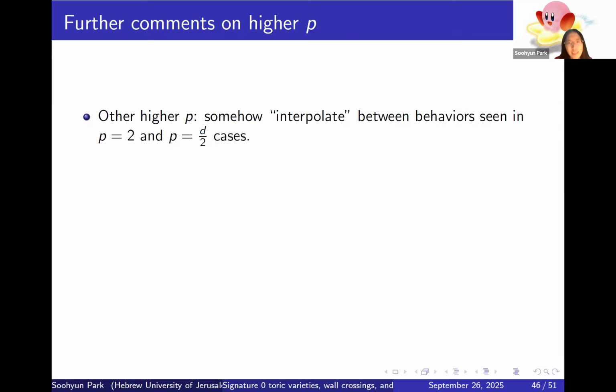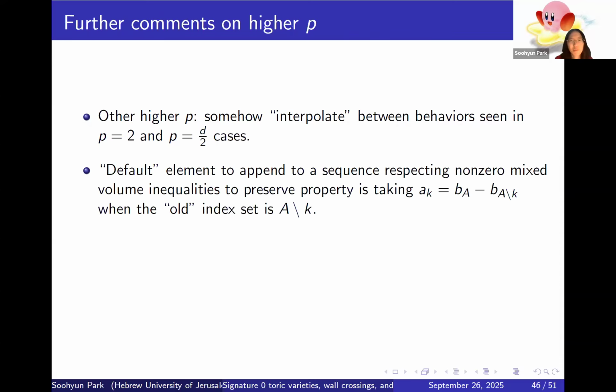Okay, so we claim that somehow in higher p, things between 2 and d over 2, the behavior lies somewhere in between these. For p equals 3, it turns out almost the exact same thing happens as for p equals 2, so we won't discuss it, but we will say a little bit about the general case, which is kind of strange, but not totally unexpected.